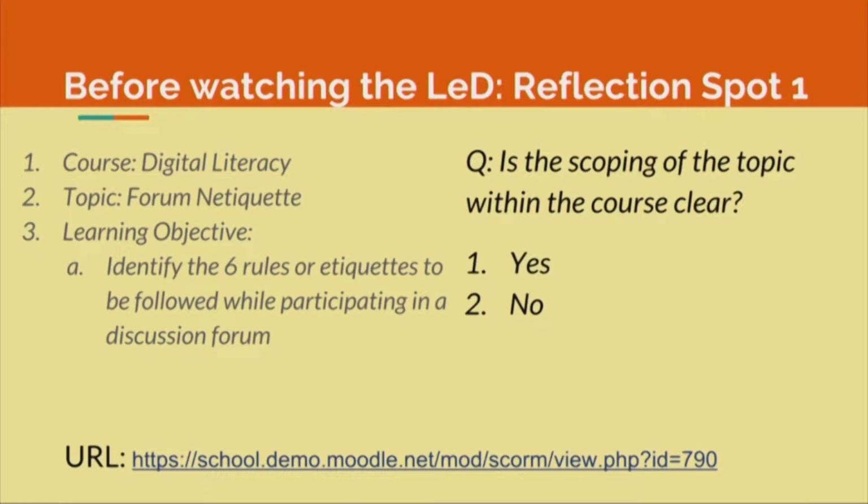All of you have seen this, right? So before moving on, is the scoping of the topic within the course, the massive open online course, clear to all of you? So this is a reflection spot, okay.